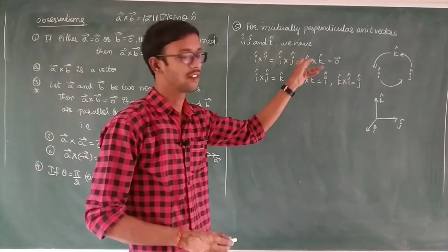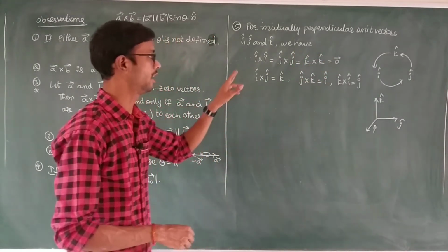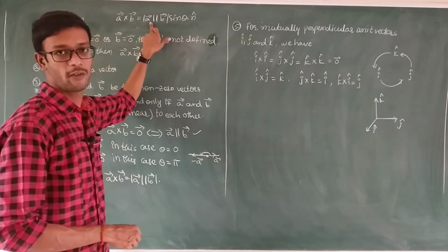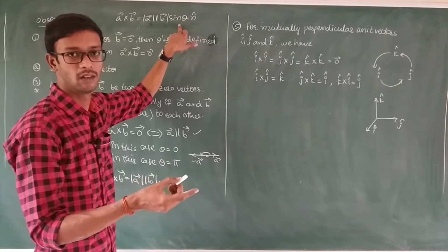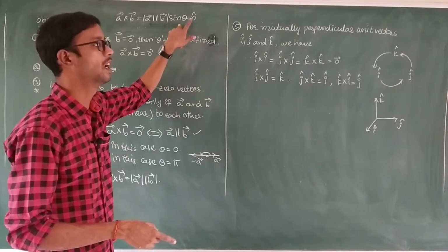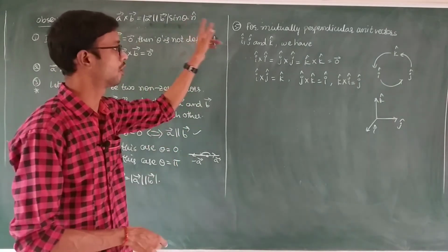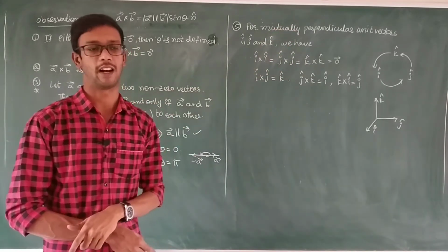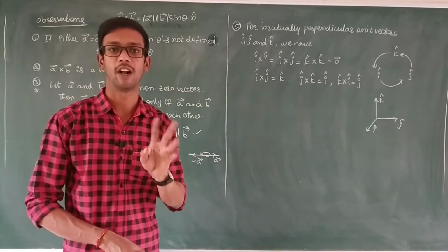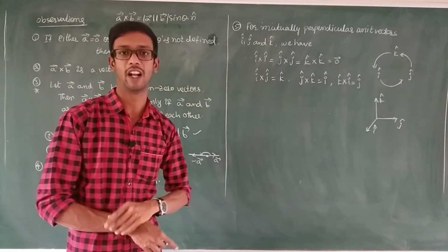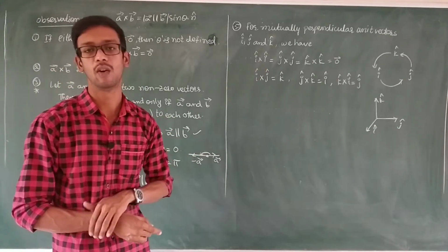Here J cross J, K cross K will be a 0 vector. Otherwise you can write it in the formula: magnitude of I cap, sin theta, where for I to I the angle is 0, so the total will be 0. So we write it as a vector, since a unit vector is there. So the total will become a 0 vector. I to I, J to J, K to K: the same cross product gives 0, whereas the same dot product gives 1. Here you will get 0.